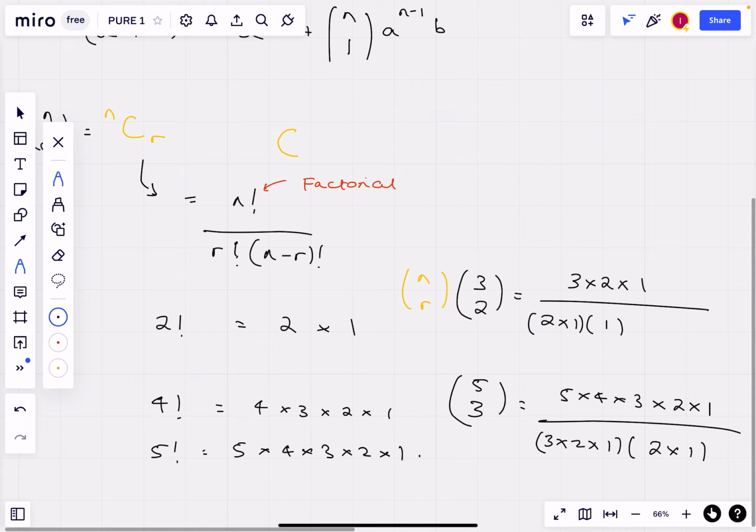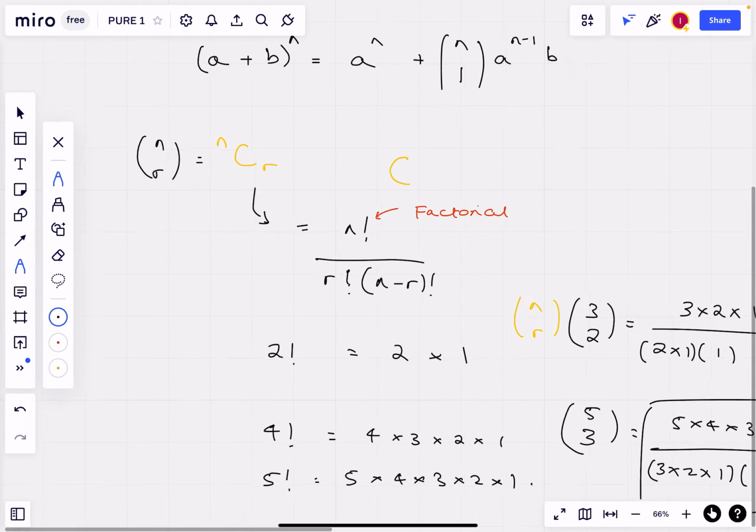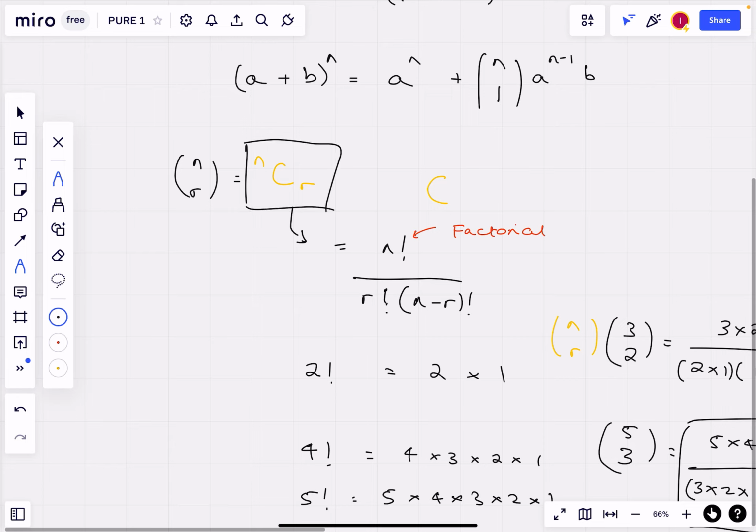Do you see how this is quite long? And when you have really large numbers, that's going to get even more confusing. So we can condense that fraction with all the multiply signs using the C notation. That's the whole point. That's why we do it.